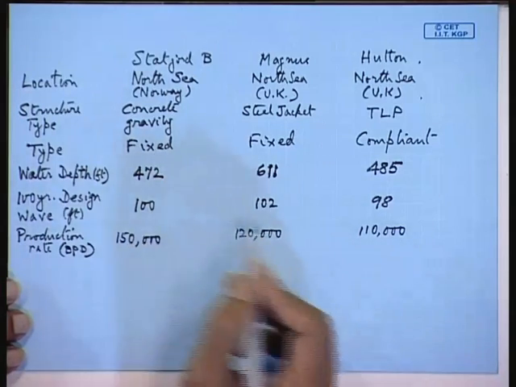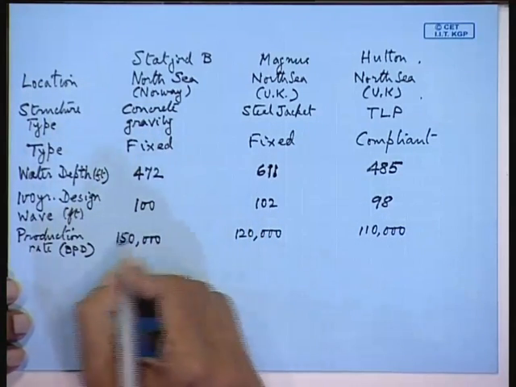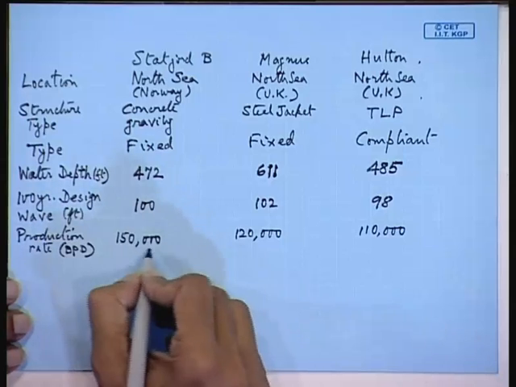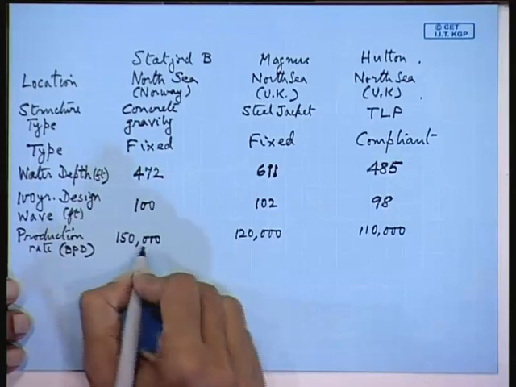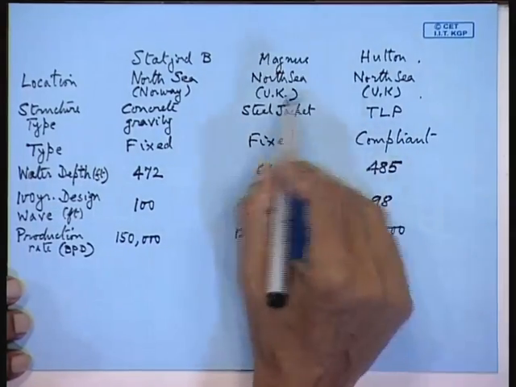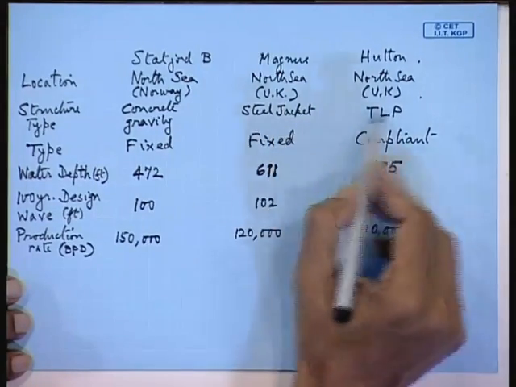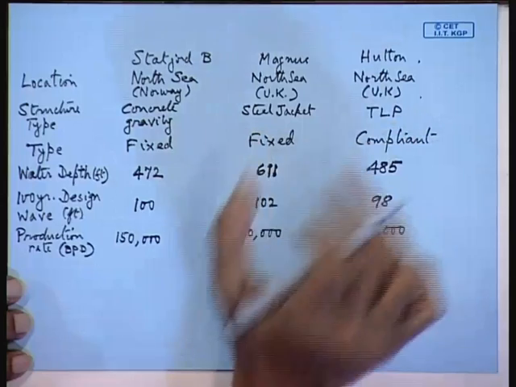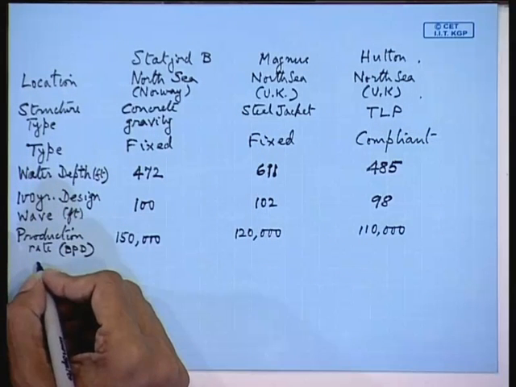The concrete gravity, because it has storage facility, can store a large amount of oil. So BPD is more. So that is one big advantage. You see, these two types of platforms, that is steel jacket and TLP, do not have storage capability.